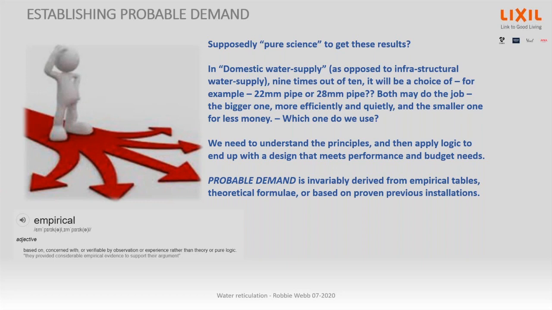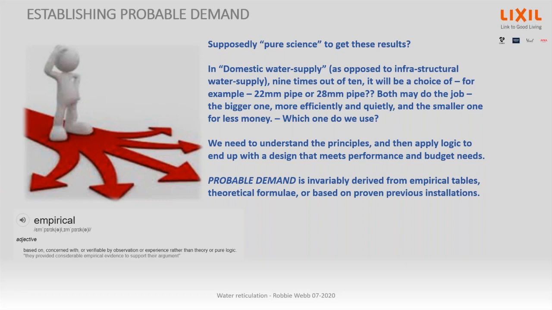To simplify, if there are 5 toilets in a house, probably 2 might be used at the same time, so let's make sure there's enough water for both of those to flush at the same time. If there were 5 toilets in a school and the break bell went, there's a very good chance 4 or 5 of them would be used at the same time, because everybody's been waiting and they rush. So the probability of simultaneous use is what we base the demand on.